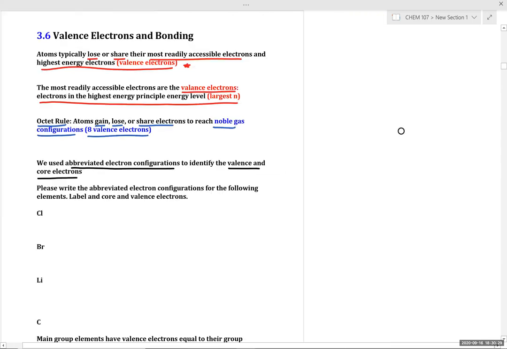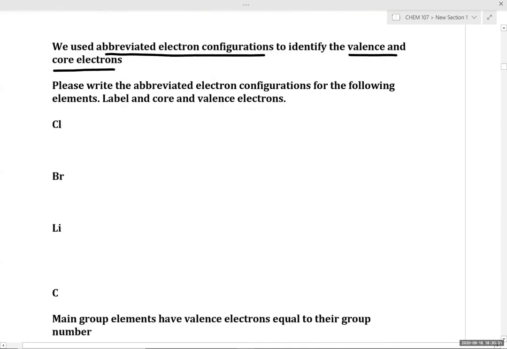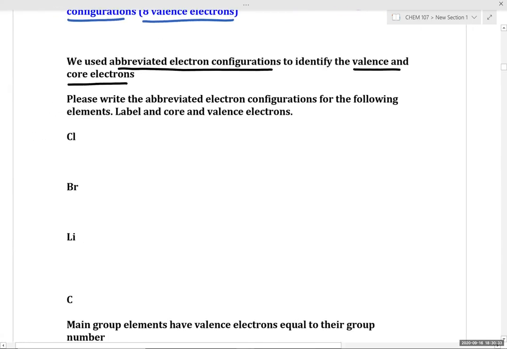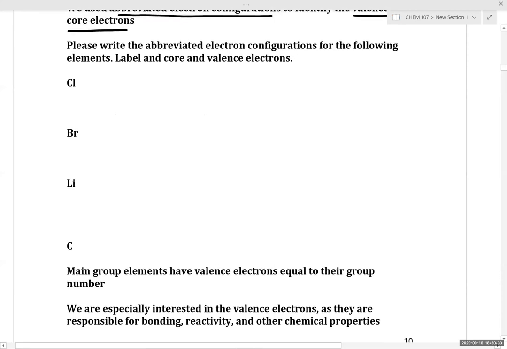If we look at the abbreviated electron configurations for different elements, we can begin to notice a really important trend. So let's just review this.